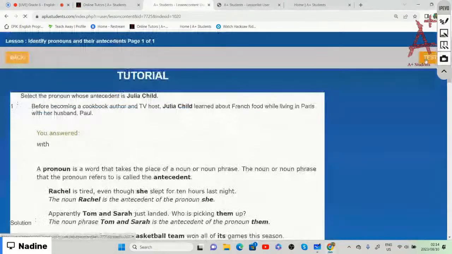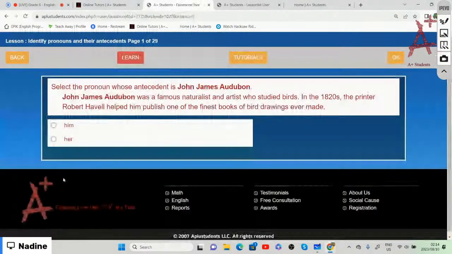All right, so now we're going to our test where we identify pronouns and their antecedents. We need to select the pronoun whose antecedent is John James Audubon. John James Audubon was a famous naturalist and artist who studied birds. In the 1820s, the printer Robert Havell helped him publish one of the finest books of bird drawing ever made.